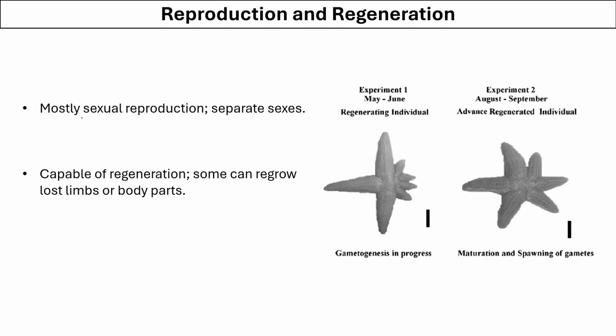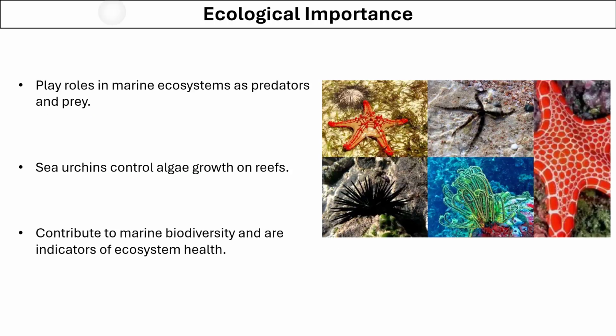Echinoderms mostly reproduce by sexual reproduction, and their sexes are present in separate animals, so male and female animals are different. They have the capability of regenerating their lost body parts, and they can grow their lost limbs over a period of time.